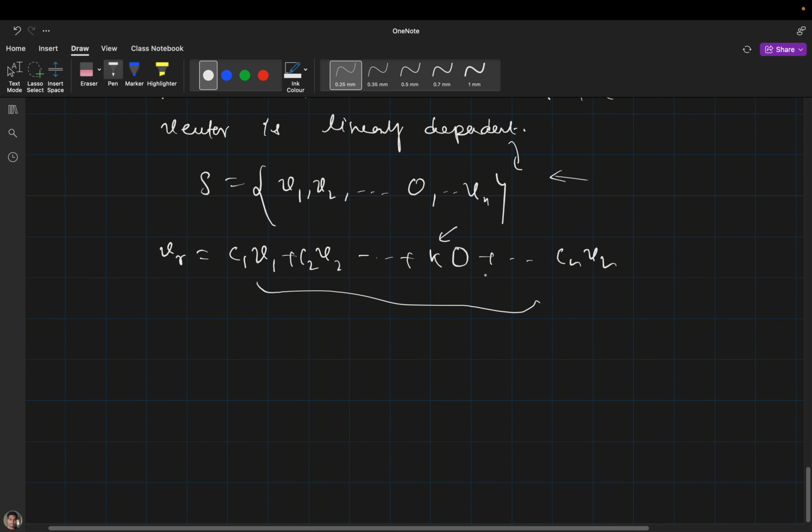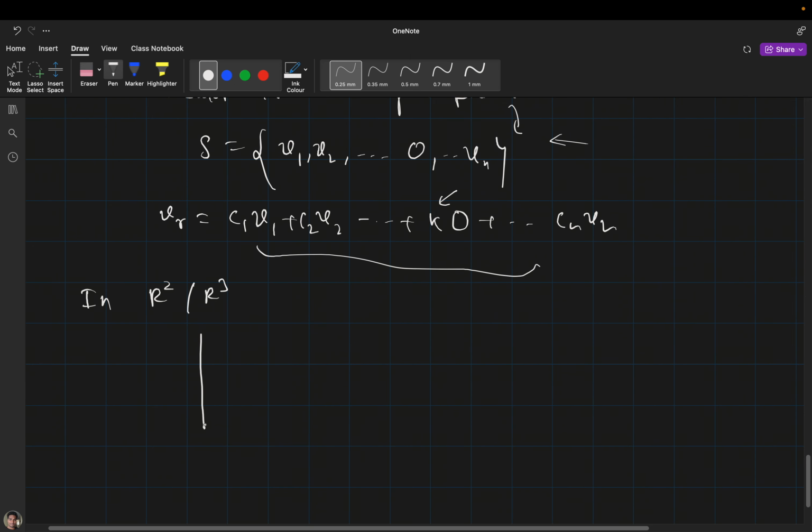Now I want to ask some questions. Suppose we have a two-dimensional or three-dimensional space, and Cartesian coordinates are like this. So that is the x-axis, y-axis, and z-axis.